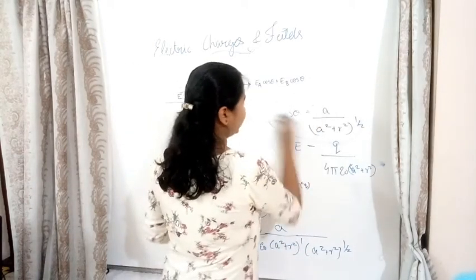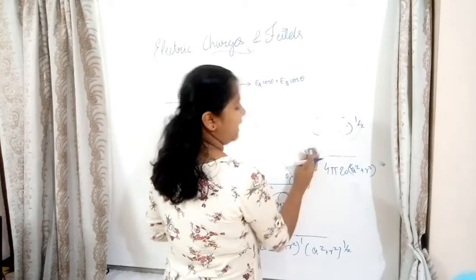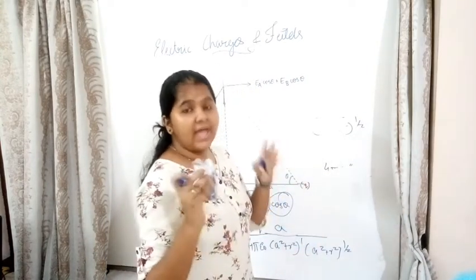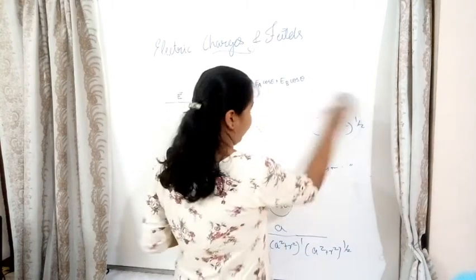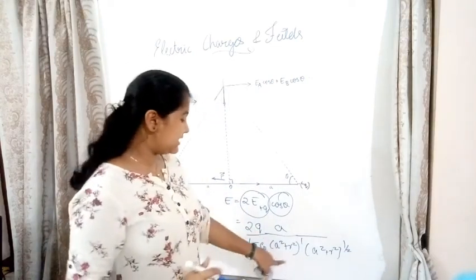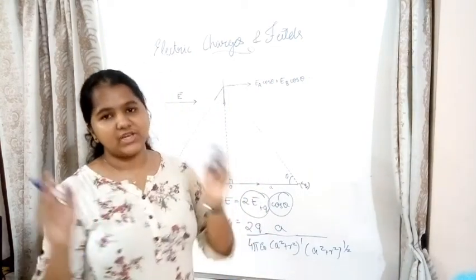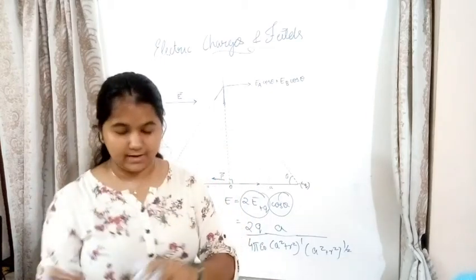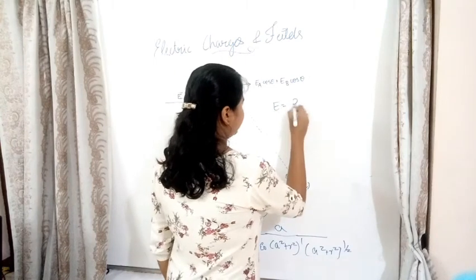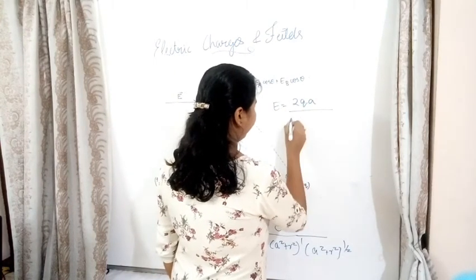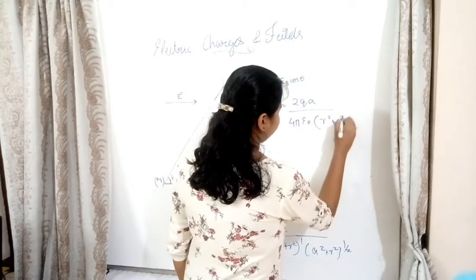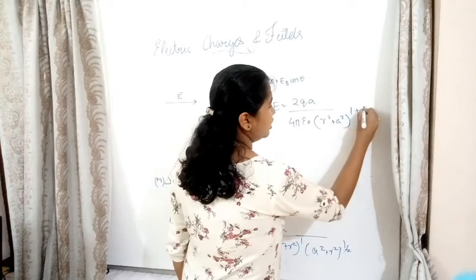So now we know that x raised to 1 into x raised to half is equal to x raised to 1 plus half. Applying that formula over here, we get E is equal to 2QA divided by 4 pi epsilon 0 into R square plus A square the whole raised to 1 plus 1 by 2.